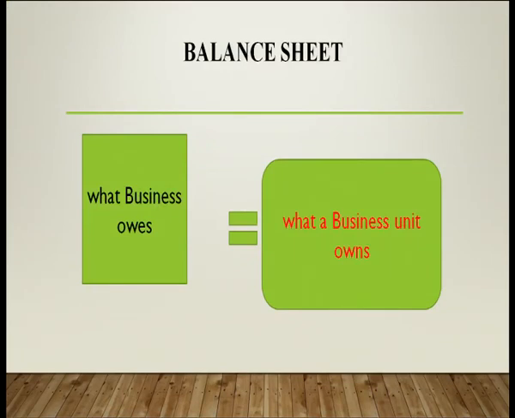Now, we can begin the next step by finally arriving at this conclusion: liabilities represent what a business owes to others, and at the end of making a balance sheet it must always be equal to what a business unit owns, or what resources it owns.